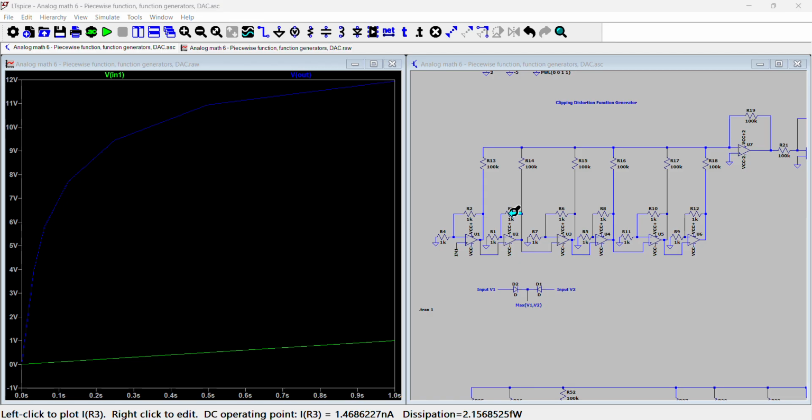If the absolute rail voltage is lower than the intended amplified voltage, then it can only output the rail. So it's basically a mathematical min function. However, we can add stages in here that are basically the opposite, the mathematical max function.